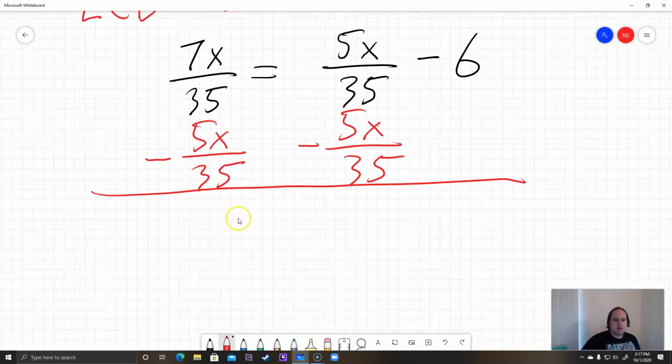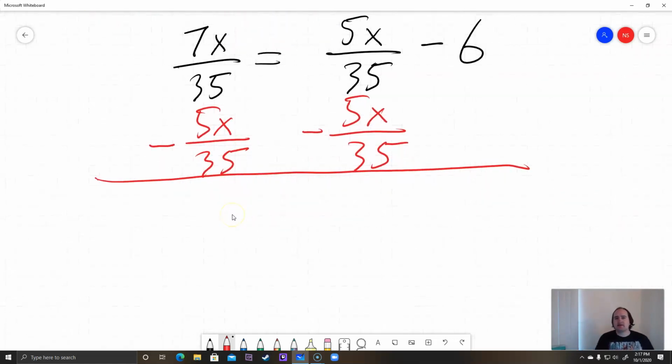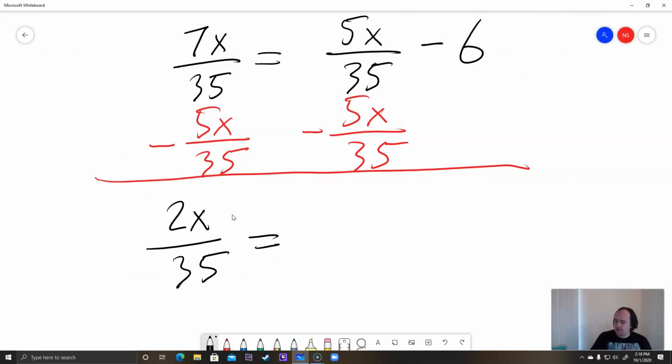On the left side, 7x minus 5x is 2x over 35. And then on the right side, all we're left with is negative 6, because these cancel out. So we have 2x over 35 equals negative 6. To finish the problem, we have to isolate x on the left side.